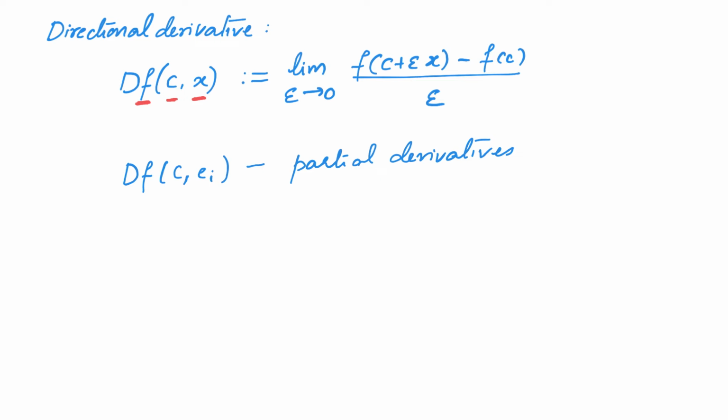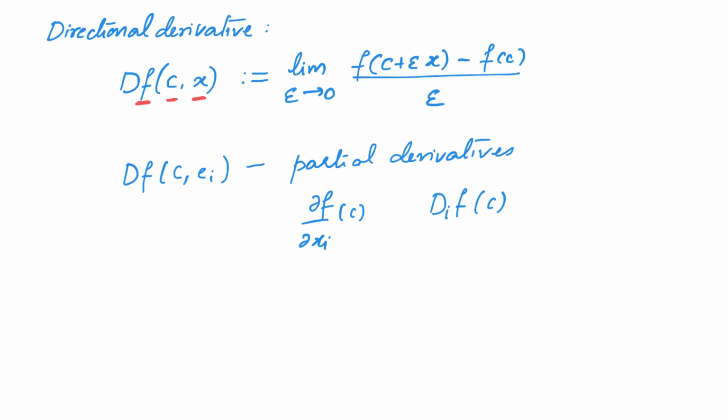Two alternative symbols that are used for partial derivatives are either del f by del xi at c or dif at c. And we saw that these form the components of the derivative if it exists.